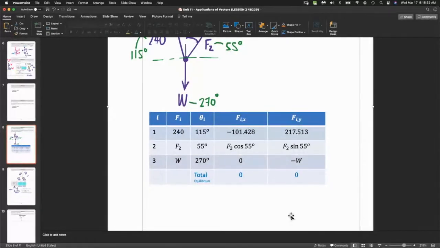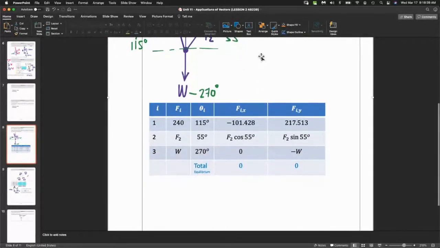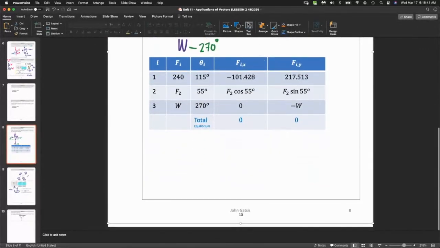And now we end up with a system of equations that we can solve for F2 and for W. So at this point, it becomes an algebra question. Again, you don't have to do it this way. You can use sine and cosine law if you prefer.